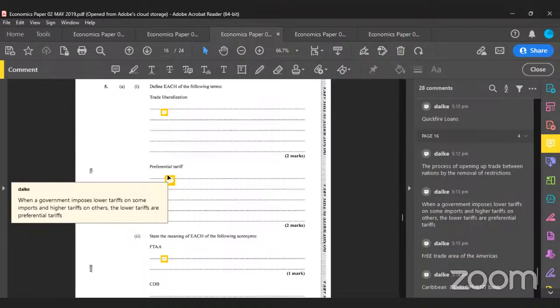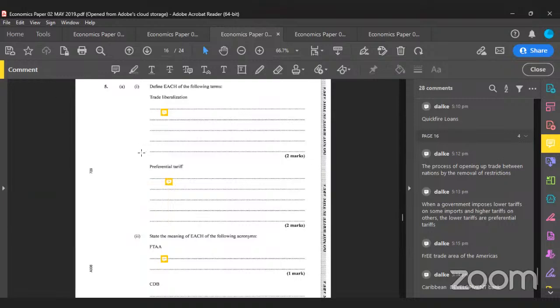If America wants to help out Jamaica, then what they could do is put a preferential tariff on Jamaica and put higher tariffs on the other countries in the world. This would make the Jamaican product more competitive on the market because it would be less pricey. And as we know from the law of demand, when price is lower, quantity demanded is higher.